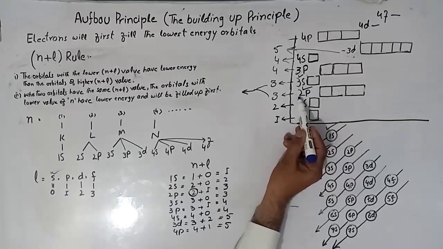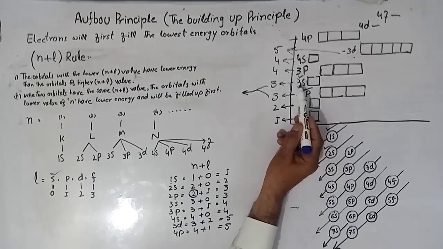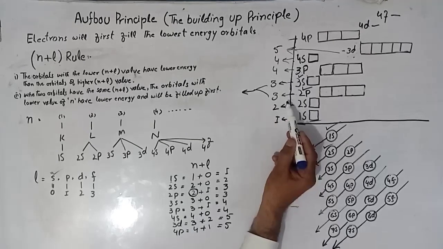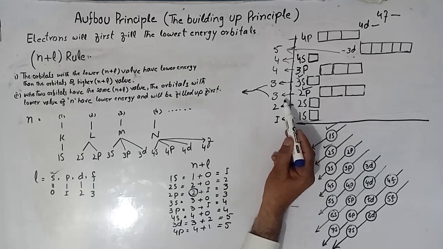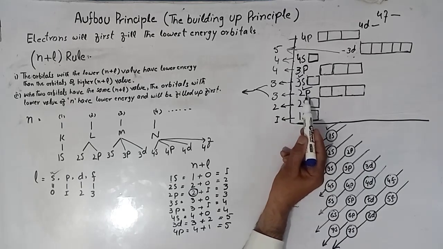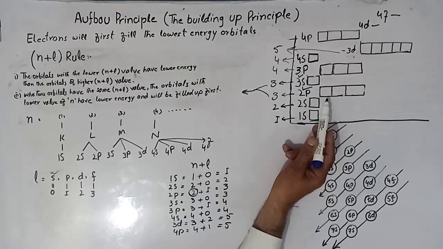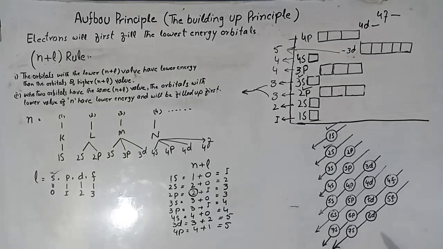So the electrons will accommodate themselves in 2p first. Then the remaining electrons will go to 3p.